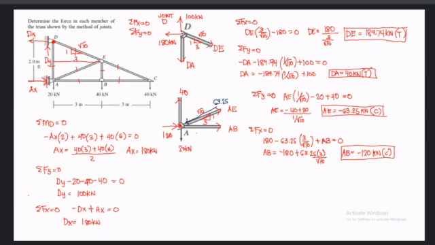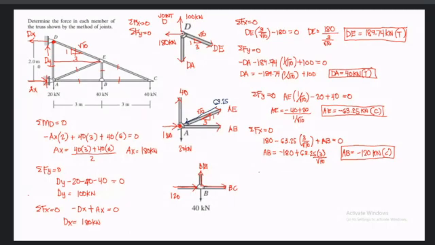Which do you want? We can choose joint E and we can also choose joint B. Let's go with B, it's easier, there's a cross. When you see a cross, what do you do? Pray, they say. Okay, so this is BE, and this is BC, and then you have your AB. So what's your AB? It is 120 compression.